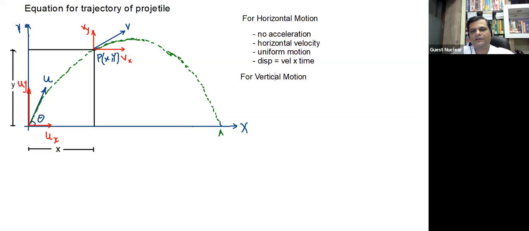Yes, what happens for vertical motion? Let us see. First of all, in vertical motion, the motion is accelerated motion.